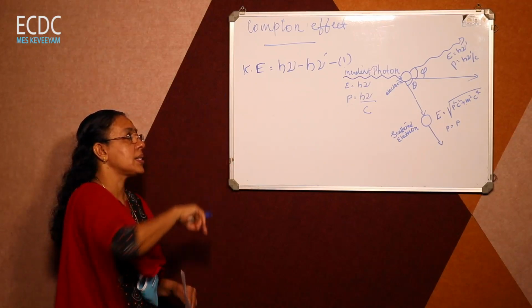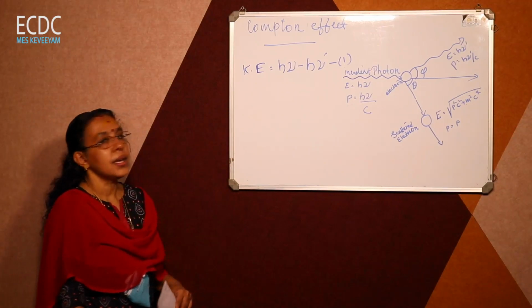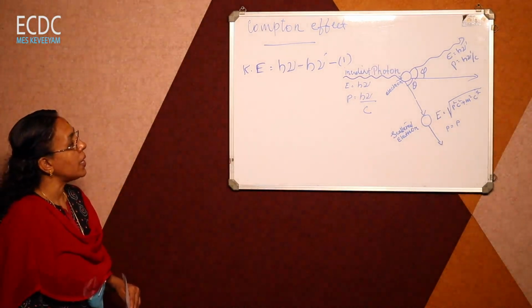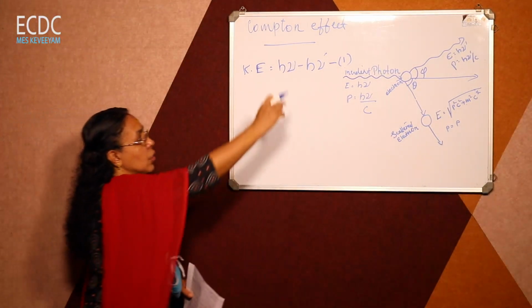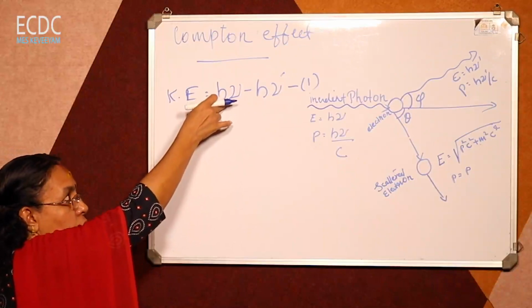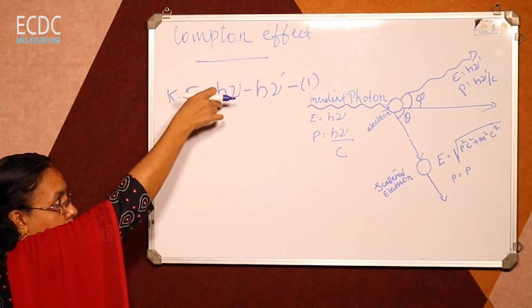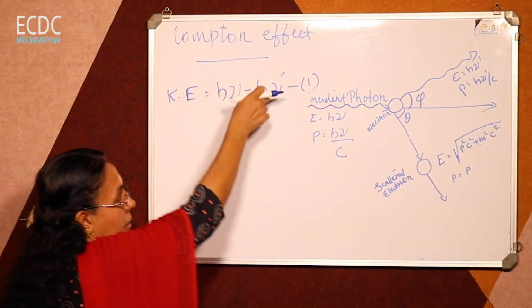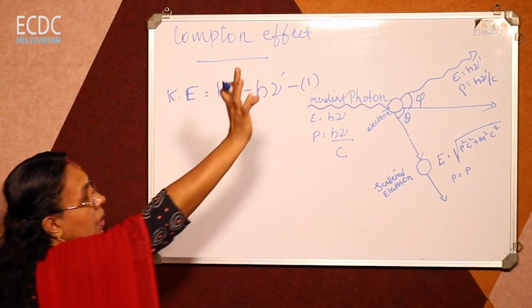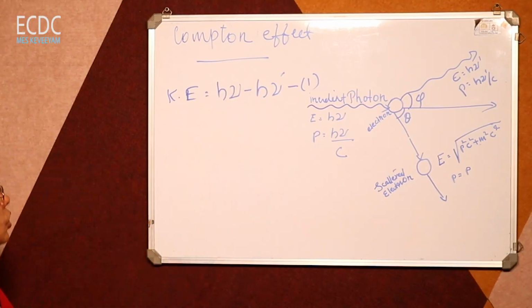So that is given as Ke, the kinetic energy, equal to h nu minus h nu prime, where h nu is the energy of the incident photon before collision, and h nu prime is the energy of the photon after the collision. We can write this as equation 1.